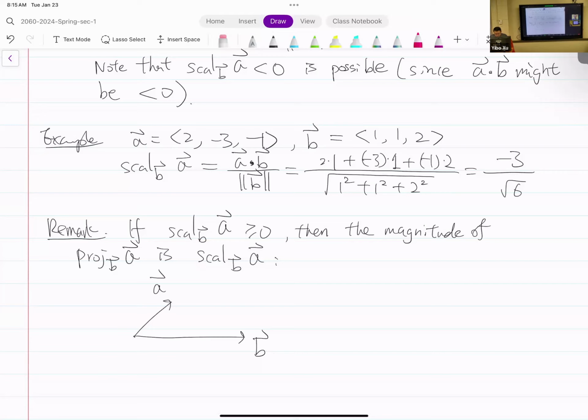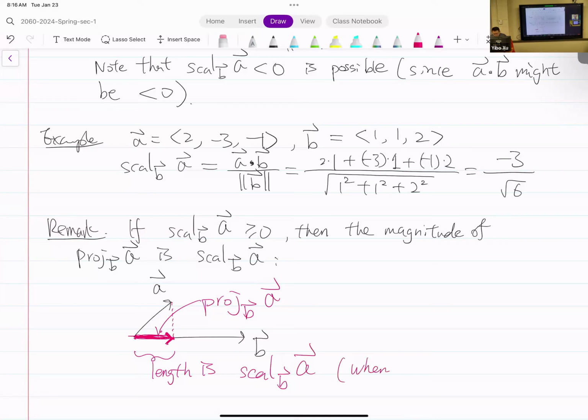So the vector projection is exactly this vector, and here the length is exactly the scalar projection onto B of A, when this value is positive.